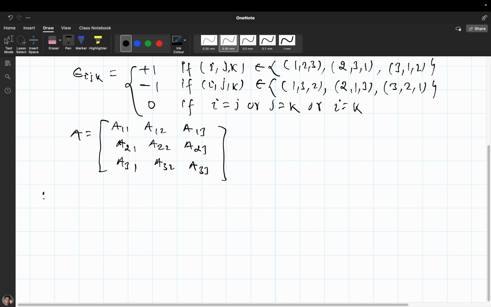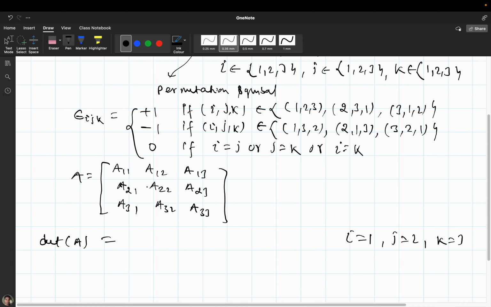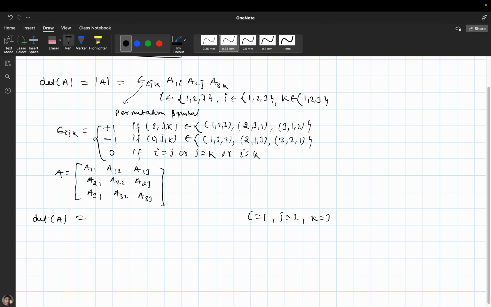So the determinant of A will be, now tell me, if I replace i equal to 1, j equal to 2 and k equal to 3, then what will be the expression? This value will be epsilon 1, 2, 3, right?